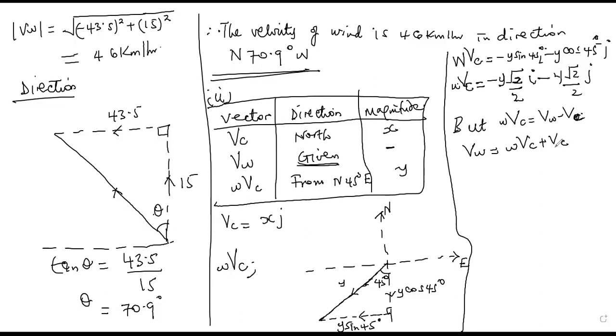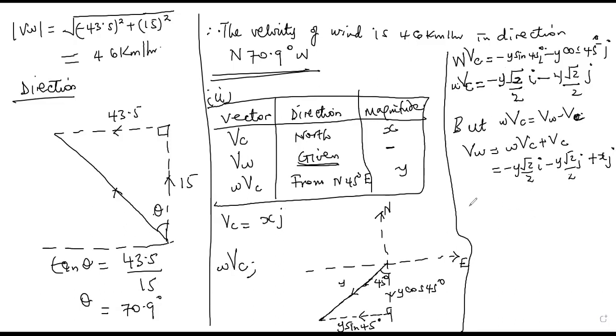Now, velocity of wind is going to be equal to minus y root 2 out of 2i minus y root 2 out of 2j plus velocity of the cyclist, which is xj.